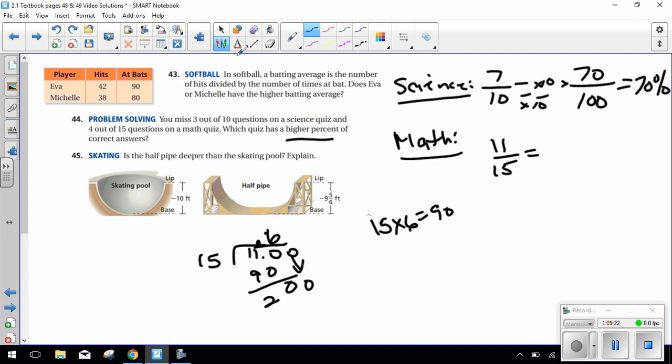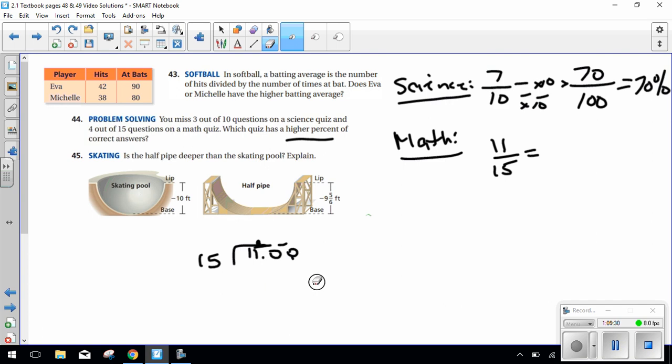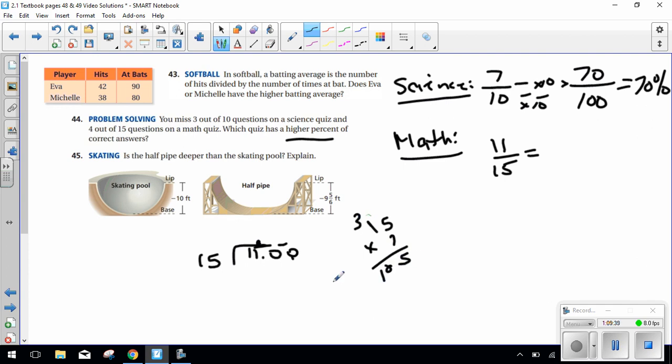Oh wait, I made a mistake. This is too big. So it's got to be 7. So let's see. 15 times 7 is 105. Okay, 15 into 50.